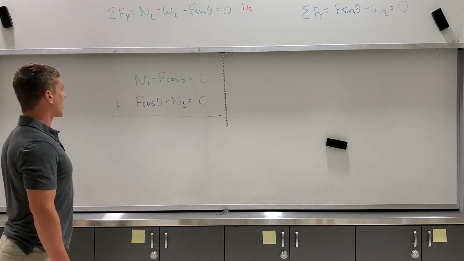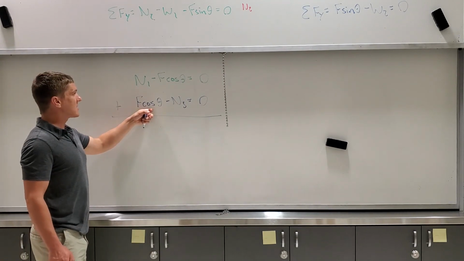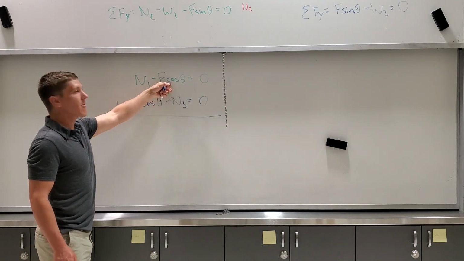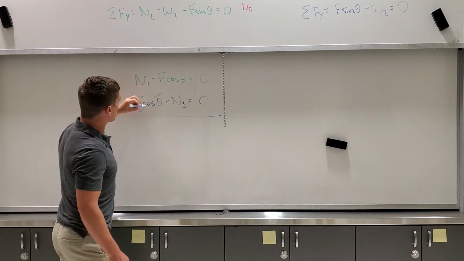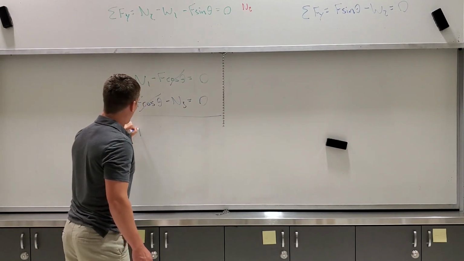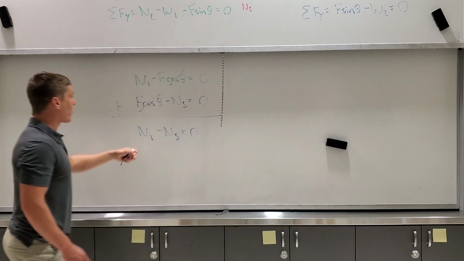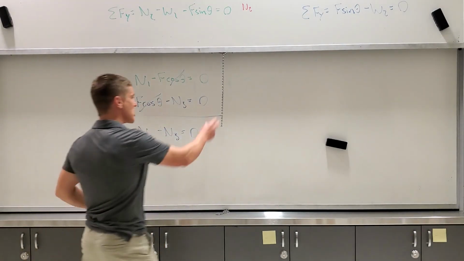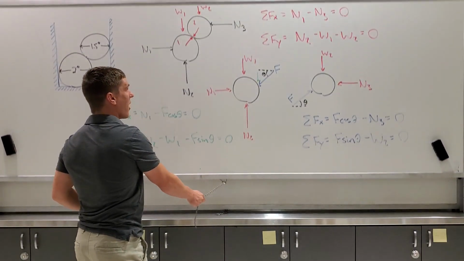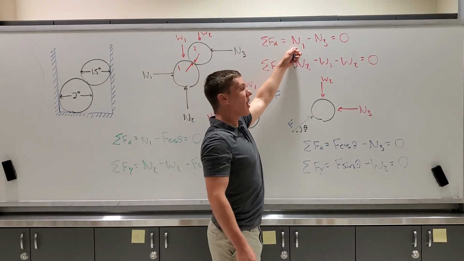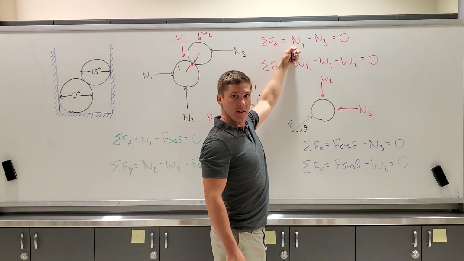If I add these equations together, I have a positive F cosine theta and a negative F cosine theta. This goes away, and I end up with N1 minus N3 equal to 0. Note that's the exact same equation for the sum of the forces in the x direction of the entire system.